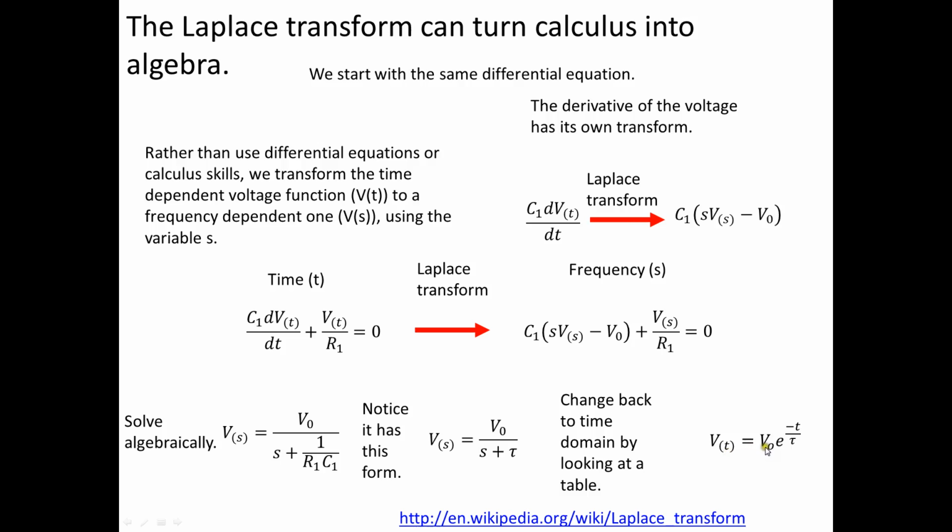And we get v(t) equals V naught e to the minus t divided by RC. Eventually, once you see this form, you will just remember that the inverse transform of that back into time is this relationship.